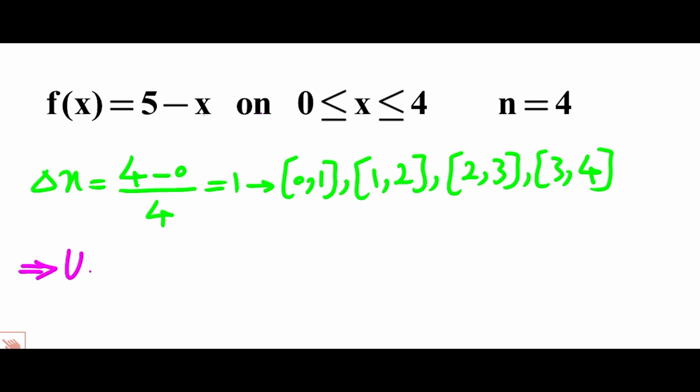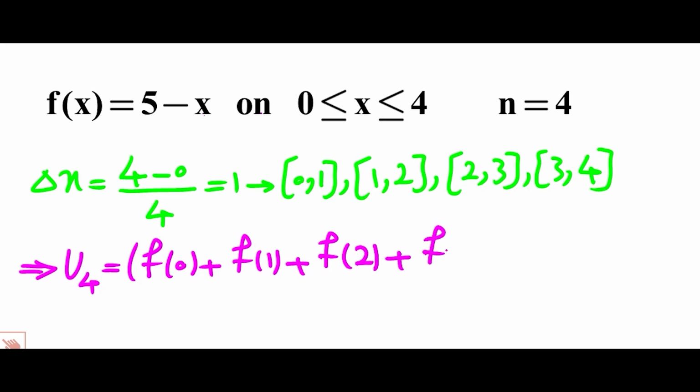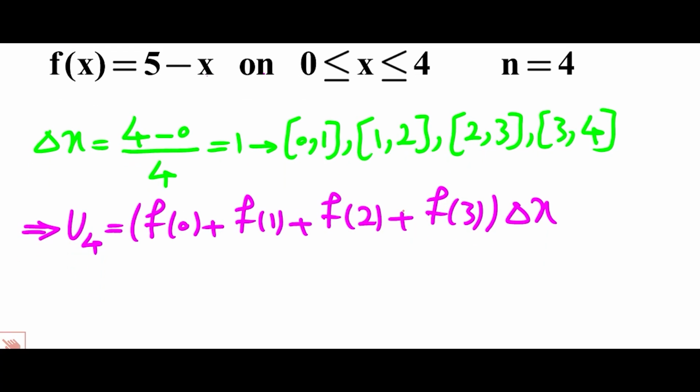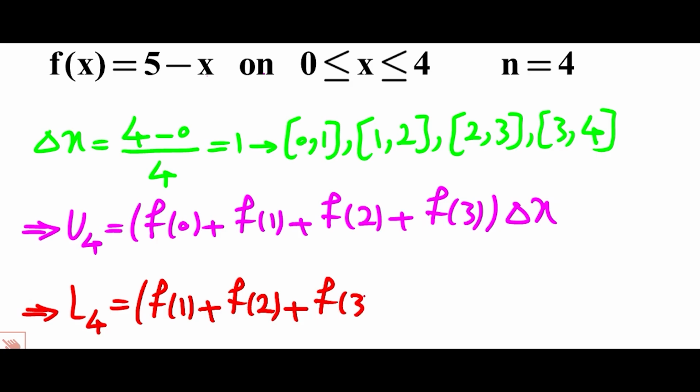So upper sum equals f of 0 plus f of 1 plus f of 2 plus f of 3 times delta x, and the lower sum uses right endpoints, means 1, 2, 3, 4. So f of 1 plus f of 2 plus f of 3 plus f of 4 times delta x.